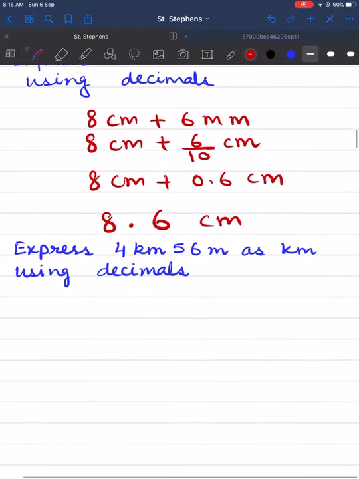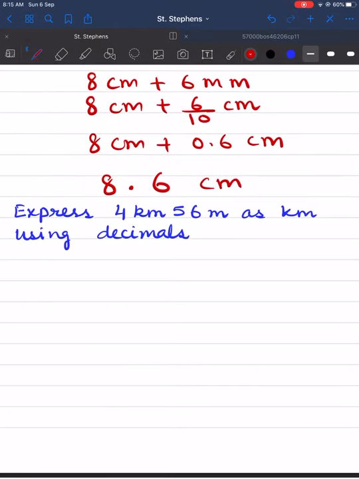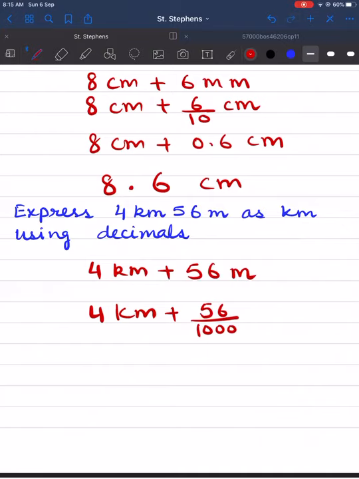Now let's express 4 kilometer 56 meter as kilometers using decimals. So here we have 4 kilometers plus 56 meters. So we have 4 kilometer plus 56 upon 1000 kilometers. So this is 4 kilometers plus 0.056 kilometers.